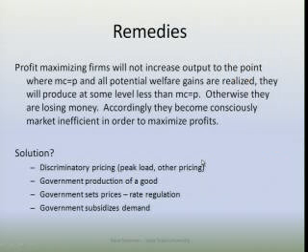So what are the remedies? Well, a profit-maximizing firm will not increase output to the point where marginal cost equals price at quantity Q, because they would be losing money. They would not, at that level of sales, given the marginal cost curve, be covering their average costs of production.